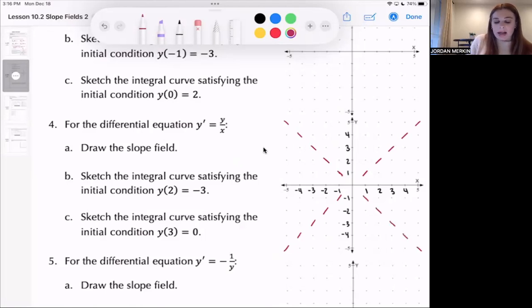Okay, anywhere along the x-axis, except at (0, 0), be careful, is going to be 0. So we'll get horizontal lines, because 0 divided by these numbers is 0. And then we can keep going.